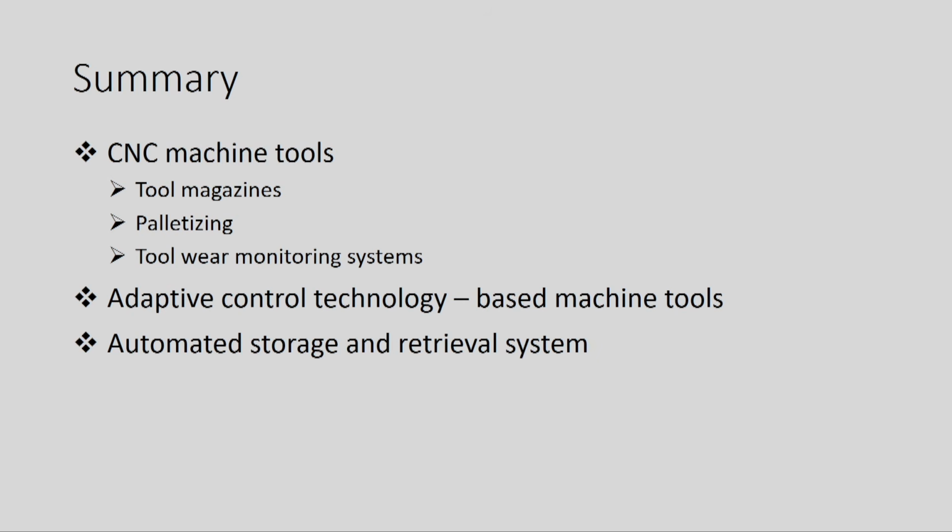Then we studied the automated storage and retrieval system and its usefulness in the advanced manufacturing system. After that, we have seen various industrial conveyors. Those are employed in the manufacturing domain. And at last, we have seen the industrial robots and its applications in the manufacturing.